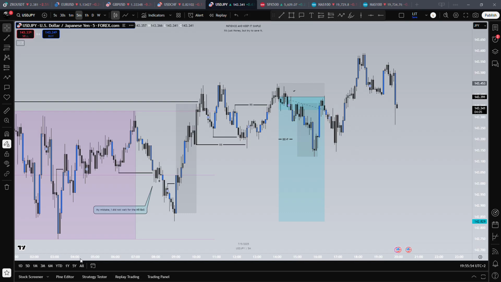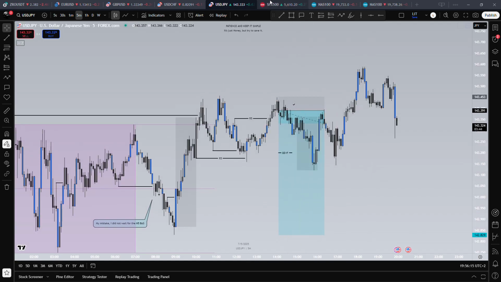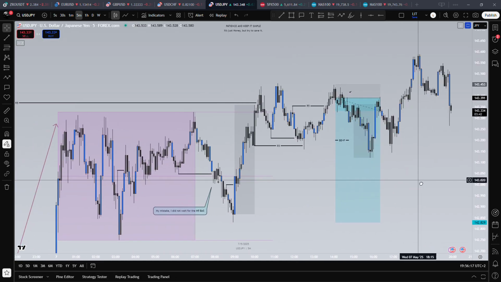As you can see here, I had connection failed when I opened the MetaTrader now, because this was the connection that failed for taking my break even and my partial. So yeah, this counted as a stop loss, but I should have had a profit here.